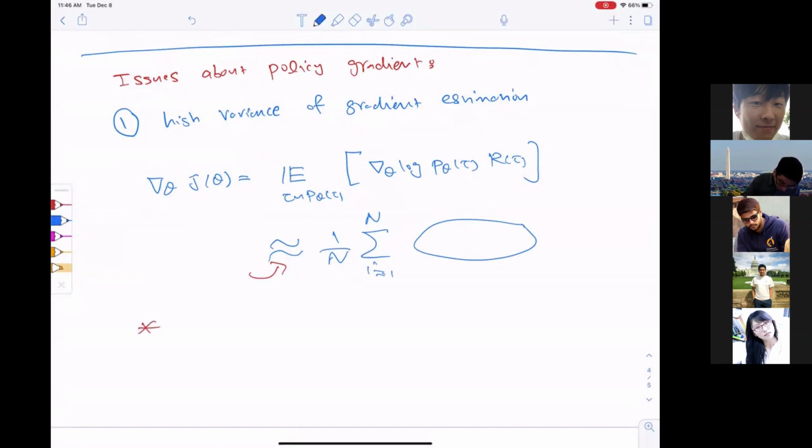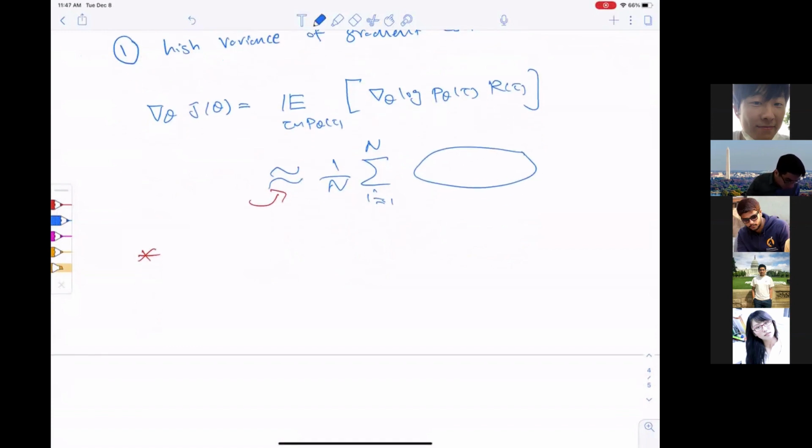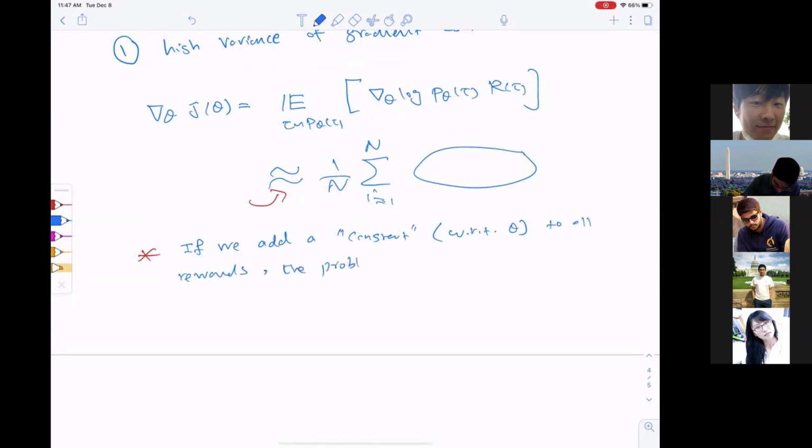So that's one issue contributing to observing high variance of these gradient estimations in practice: if we add a constant, with respect to, of course, theta, to all of the rewards, the problem is the same, but we get higher variance in gradient estimations.